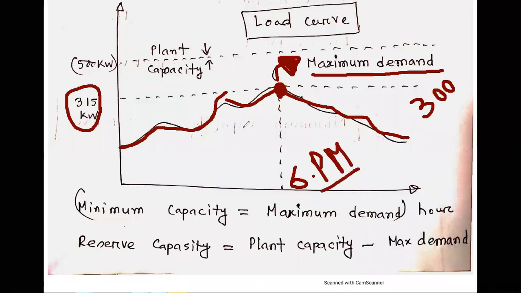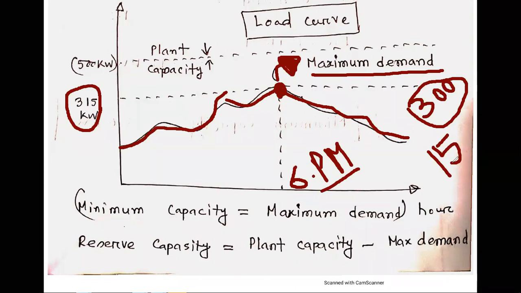During daytime, our capacity of 300 kilowatt can supply. But when night comes at 6 p.m., there is a 15 kilowatt shortage. So at that time a small area would be in load shedding.